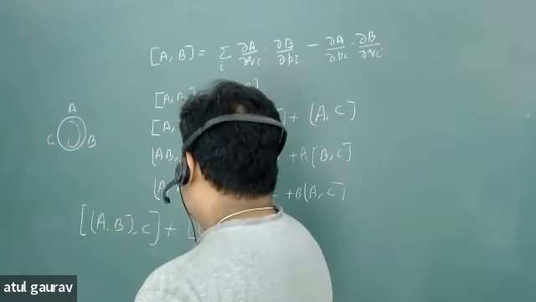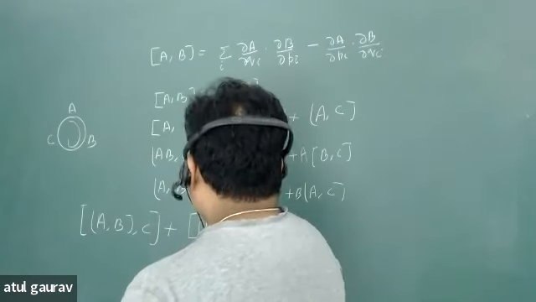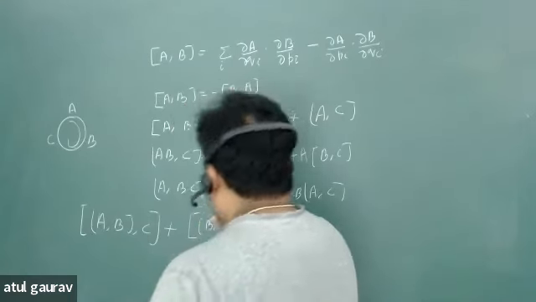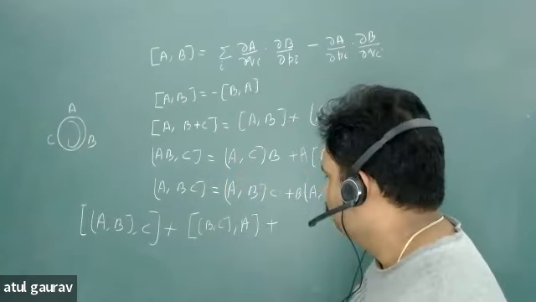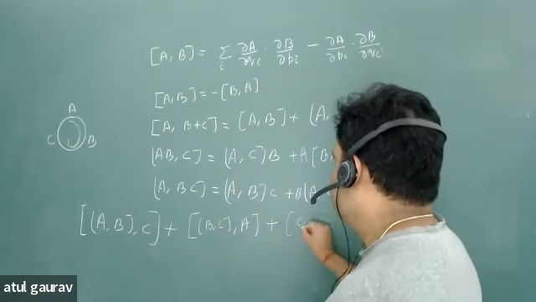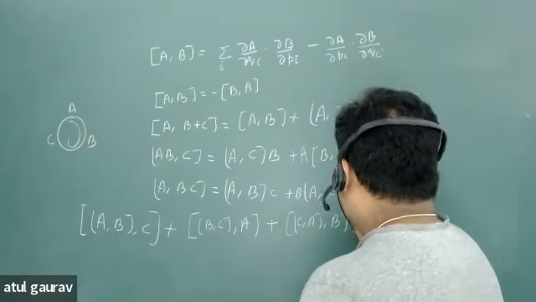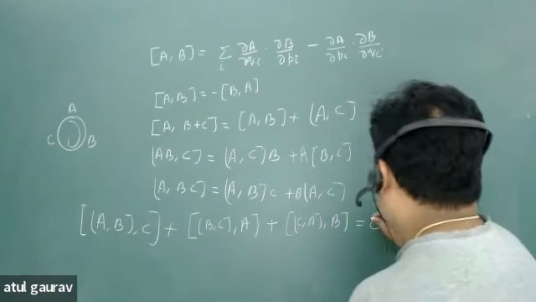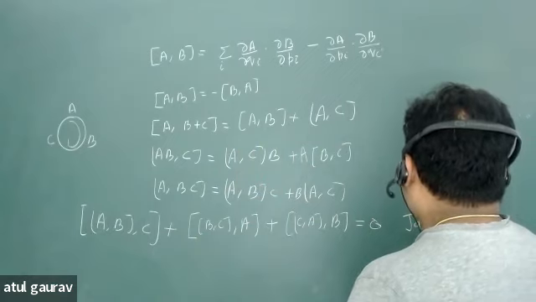So this is the Poisson bracket between B and C, and then you are taking the Poisson bracket of that with A. And what will be the next one? CAB, the Poisson bracket of C and A, with B. And this must be equal to 0.